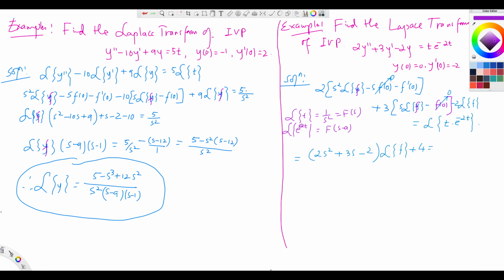What is our a here? a is negative 2, so this will be F of s plus 2. So this will become basically 1 over (s plus 2) squared. You see that? I'm using that formula, formula number 1. Laplace transform of f or y equals 1 over (s plus 2) squared minus 4, right?